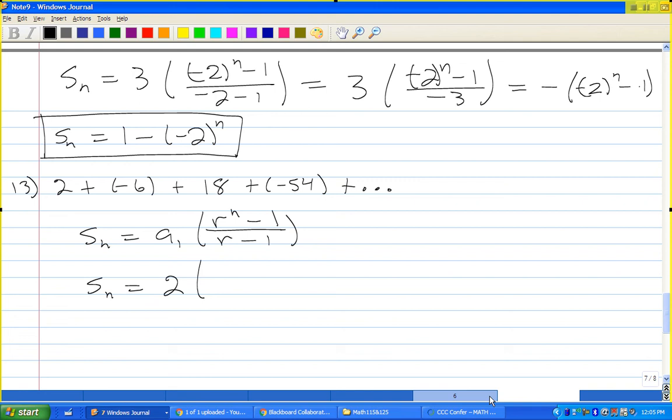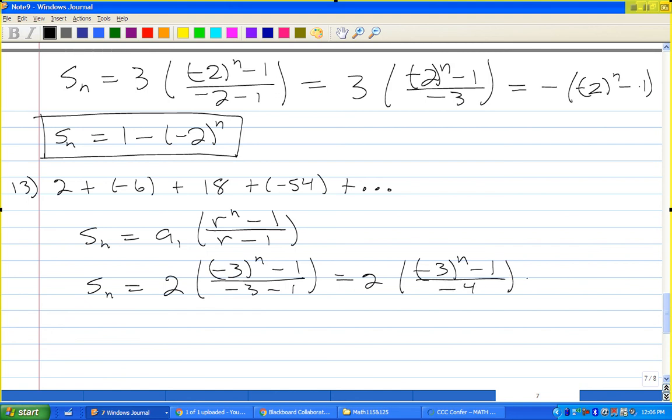Okay, so the common ratio is -3. 2 times -3 is -6, times -3 is 18, times -3 is -54. -3 minus 1 is -4. 2 divided by -4 is -1/2.